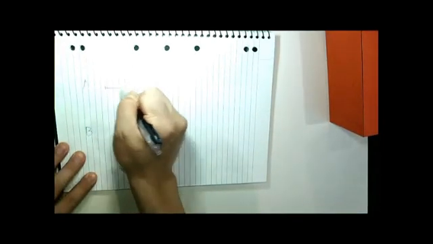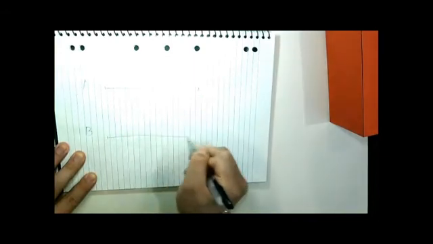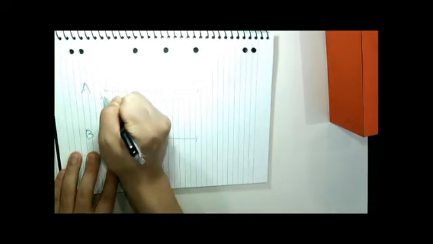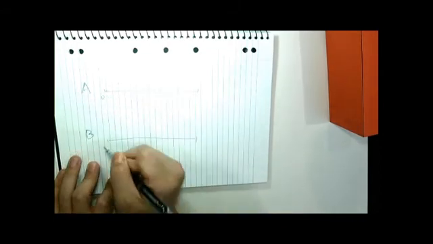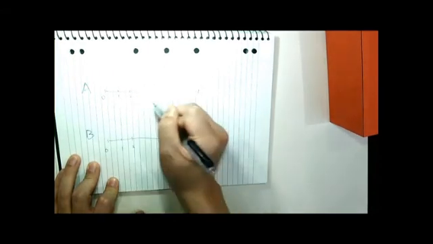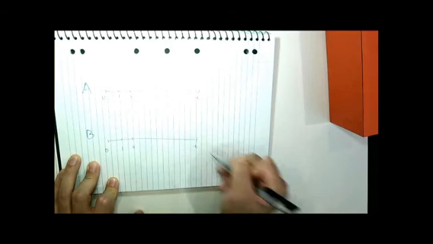A very simple example. These are two timelines for A and B, share A and share B. At the beginning, this is time 0, and this is time 0. Let's assume this is day 1, day 1, day 2, day 2, etc., to time t.